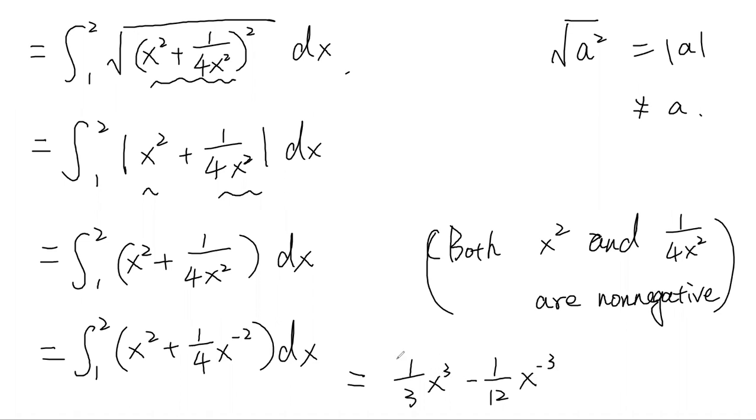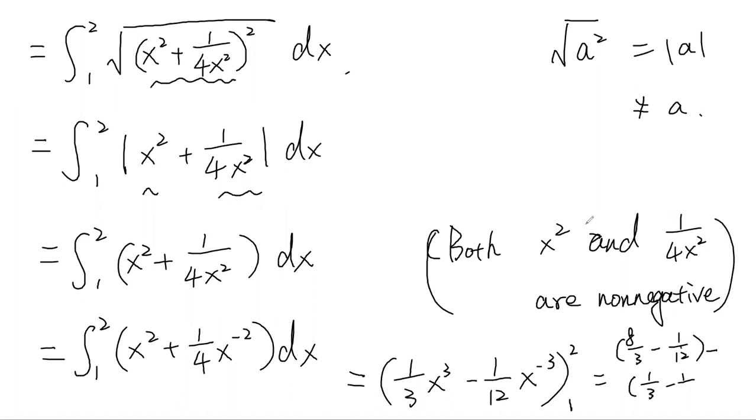Right. And integrate it from 1 to 2. Then you plug in the number, you get this is equal to 8/3 minus 1/12 minus the difference between 1/3 and 1/12.